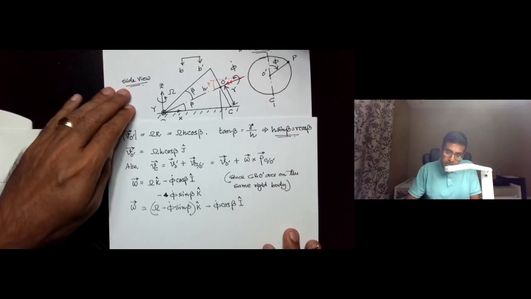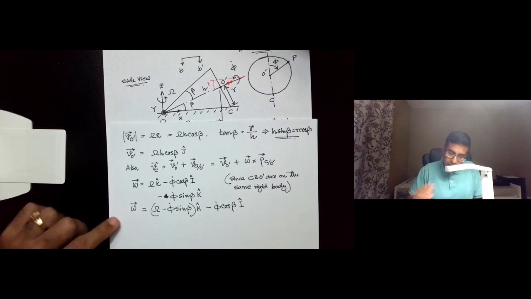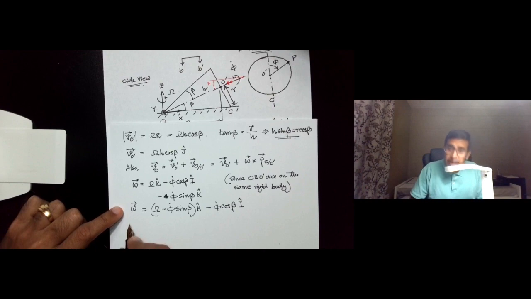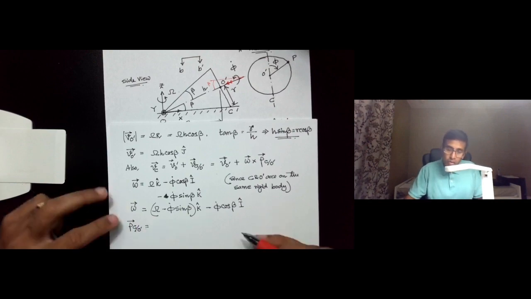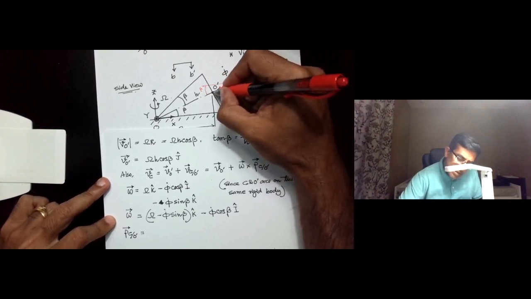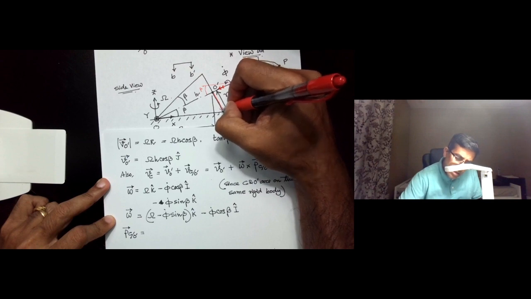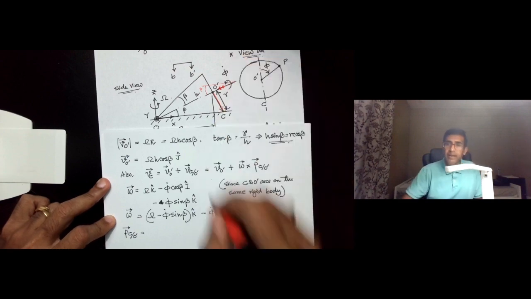So that's this vector omega. Next, we've got to find out what rho c with respect to O prime is. Now that vector rho c with respect to O prime is the vector going like that.